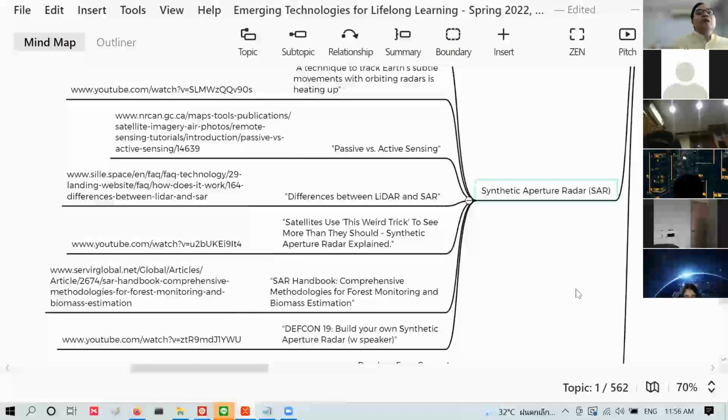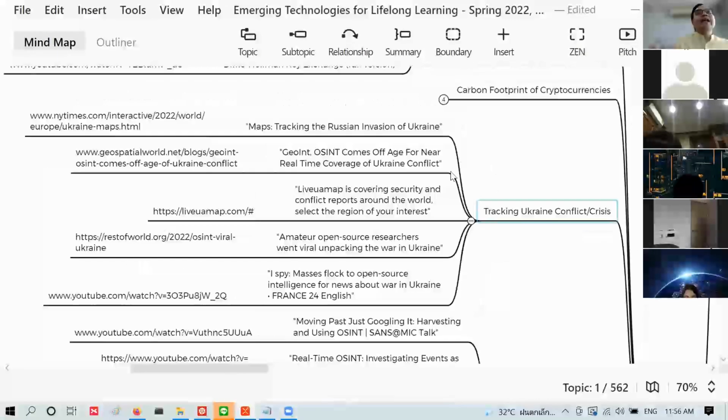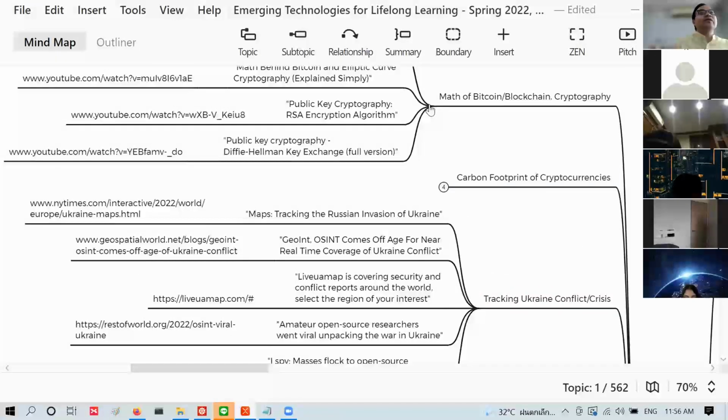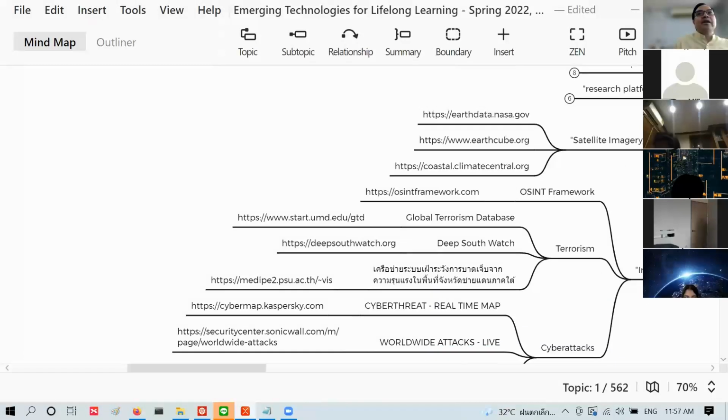The one that I have expanded, you don't need Bitcoin anymore, right? Here, cyber attacks. The OSINT framework is a general framework. There's one focused on terrorism. There's Deep South Watch, which used to be very active when we had the conflict in the southern part of Thailand. Go through that. There's cyber threat. There's a real-time map. This is also very good.